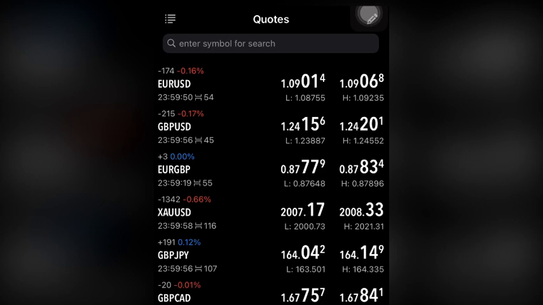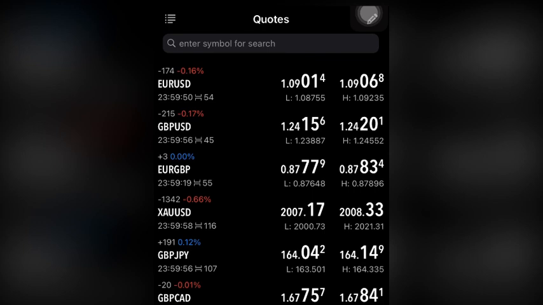Now let's just take a stroll on this mobile app to see how other currencies are being listed. We can see the first one here is Euro USD. We have the second one GBP USD. We have the third one, Euro GBP. That is an exotic pair. We have the next one, Gold USD, which is XAU USD. That is the currency pair for gold. Remember, gold is not a currency pair.